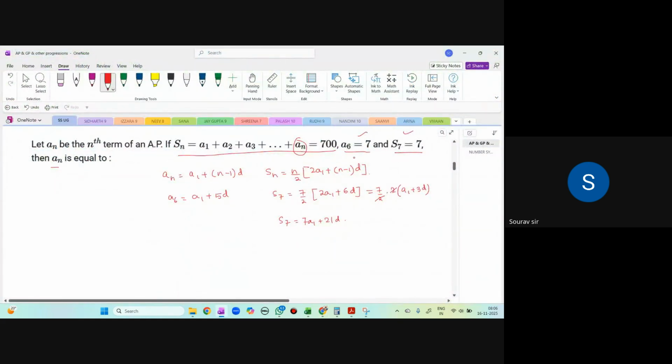So it is given A6 is 7. So A1 plus 5D is 7 and S7 is 7. So 7A1 plus 21D is also 7. So it's very easy to calculate A1 and D from here. You can directly equate the two because the values are same.